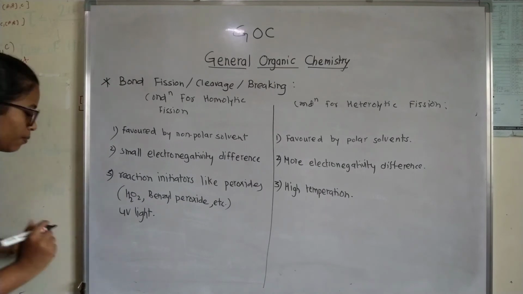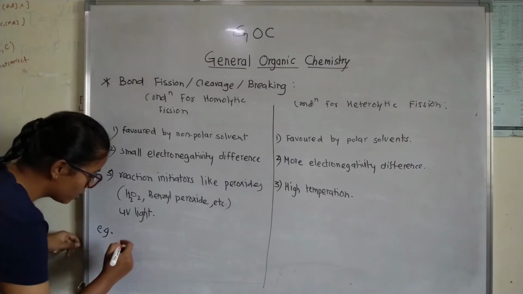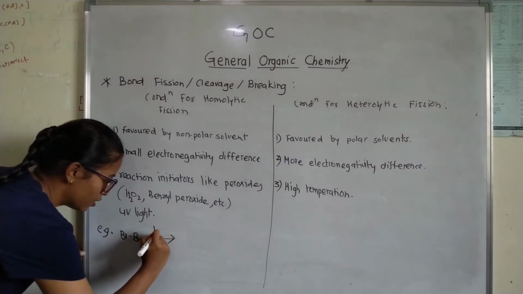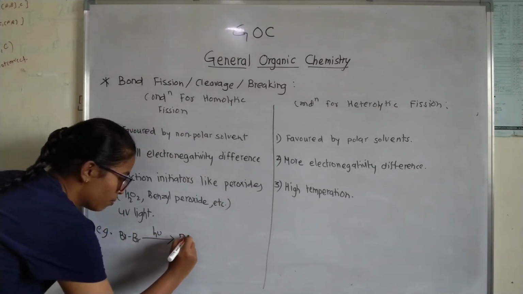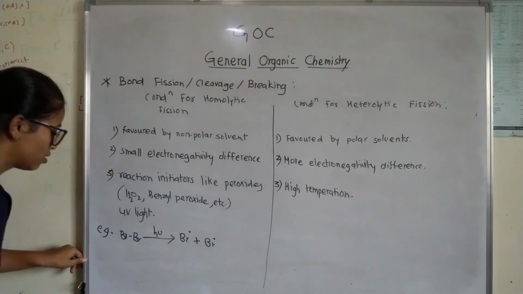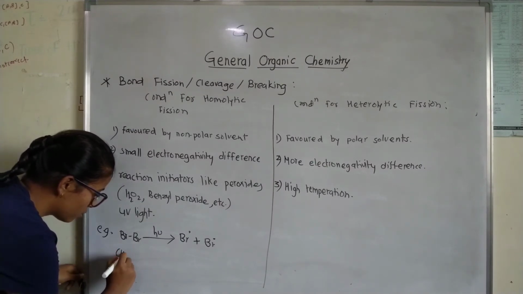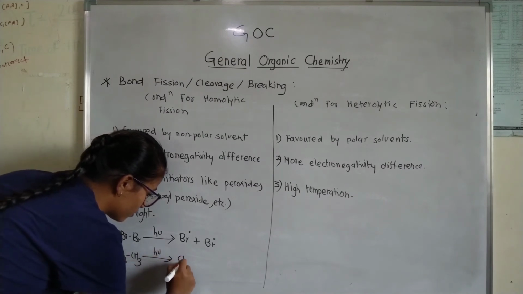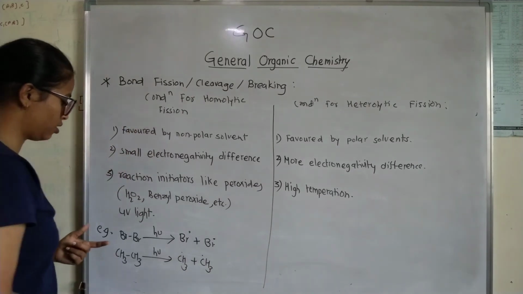We have to look at some examples of these reactions. In the presence of UV light, in the presence of sunlight, we get the Br free radical. Also Cl2 gives this free radical.